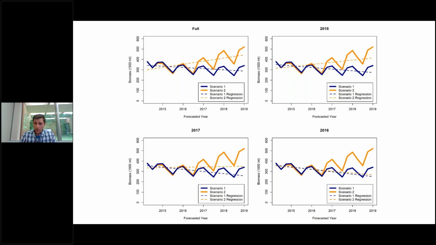Scenario 2, which is the orange line, is the environmentally explicit scenario. And the blue line, scenario 1, is the one without temperature effects. So it appears that the addition of these environmental covariates changes the trend of stock biomass over time, the dotted lines, from decreasing to increasing.